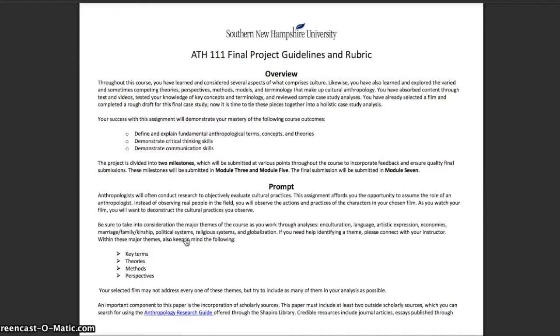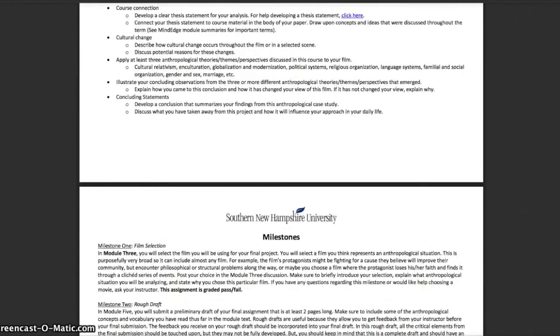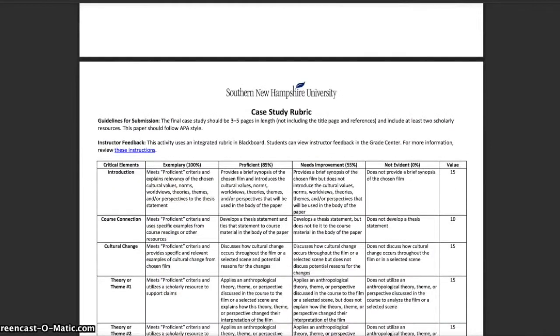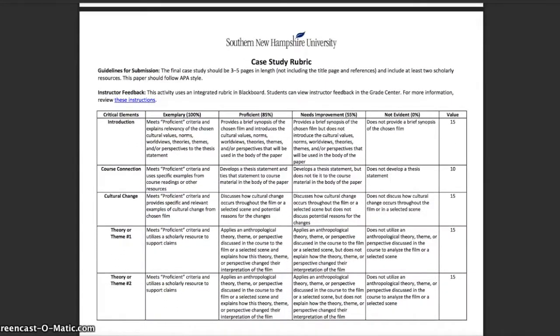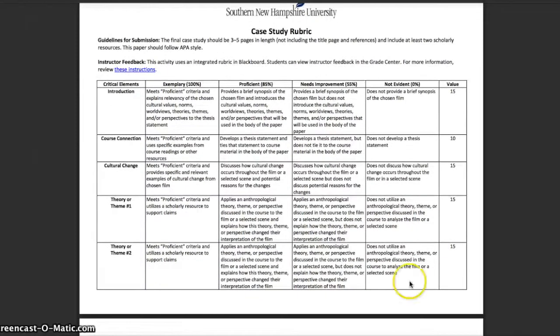Here you will find a detailed explanation of the required elements to include in your rough draft and final projects. Be sure to carefully read all of the information in the rubric, paying particular attention to the last section, which provides a detailed breakdown of each of the elements that will be evaluated in your rough draft and your final project.